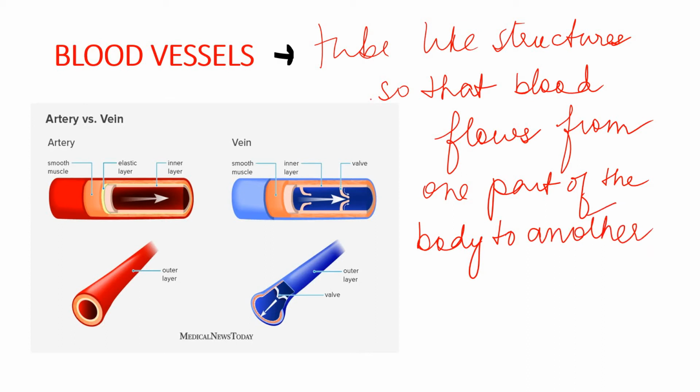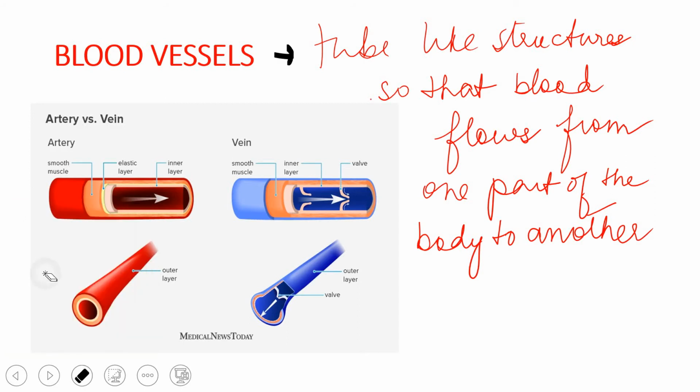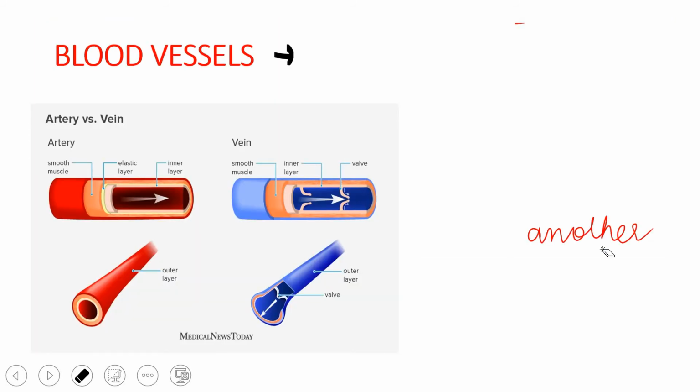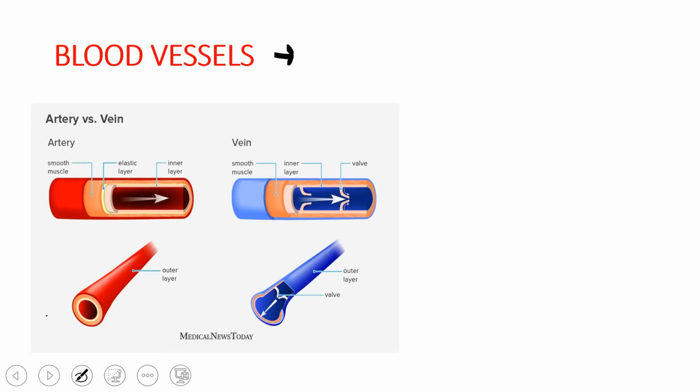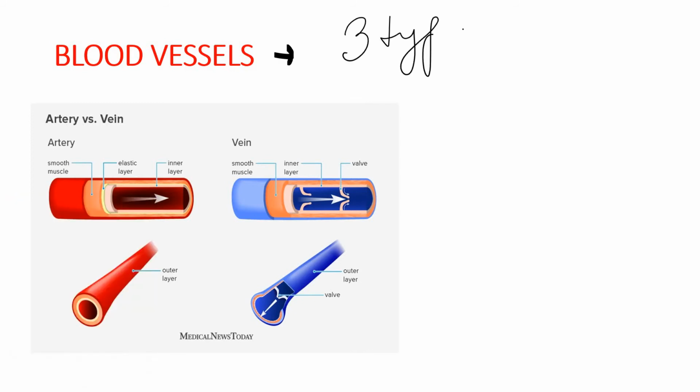Alright, now there are three types of blood vessels. You can pause the video and take the definition, or it's written in your book, so nothing to worry about. I'm not writing anything very different from what's written in the book. So there are three types of blood vessels.